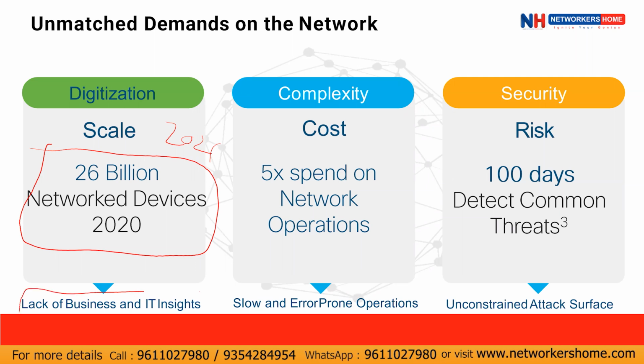So we have a lack of business and IT insights. Now, what does this mean exactly? It means that today's networks are not concerned about what the business requirement is.